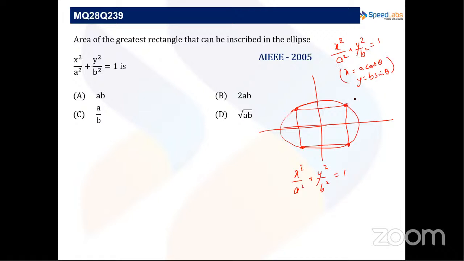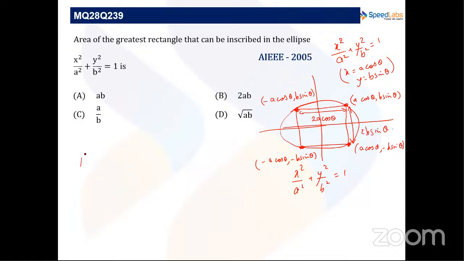If this point is a cos theta comma b sin theta, then this coordinate will be a cos theta comma minus b sin theta, this coordinate will be minus a cos theta comma b sin theta, and this coordinate will be minus a cos theta comma minus b sin theta. So we can find the length will be equal to 2 times a cos theta, and the width will be equal to 2 times b sin theta.